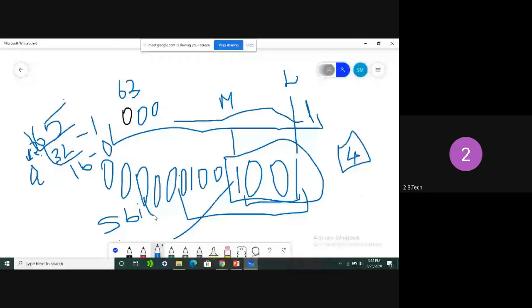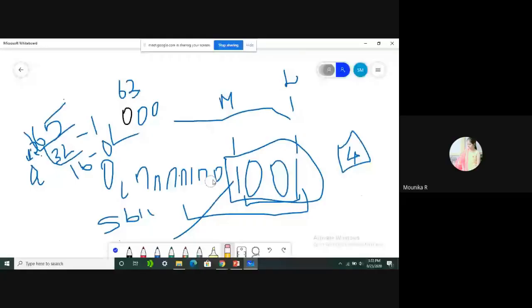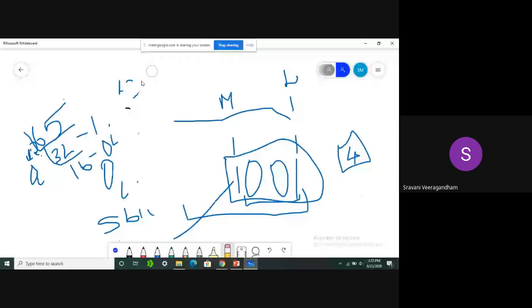If it is 1, the entire value will be negative. Negative in the sense, what is 001? If the MSB is gone for the sign bit, what are the remaining 3 digits? 001 in the sense, what is its value?